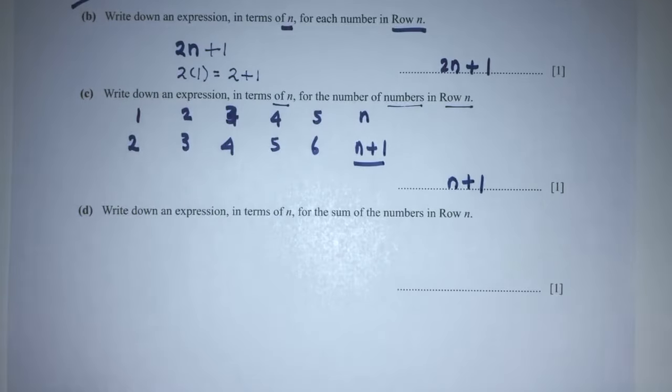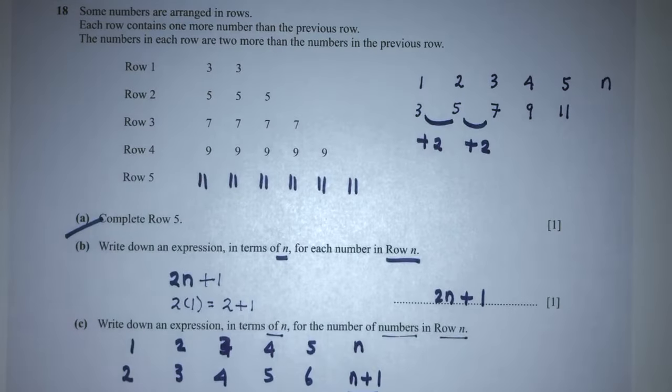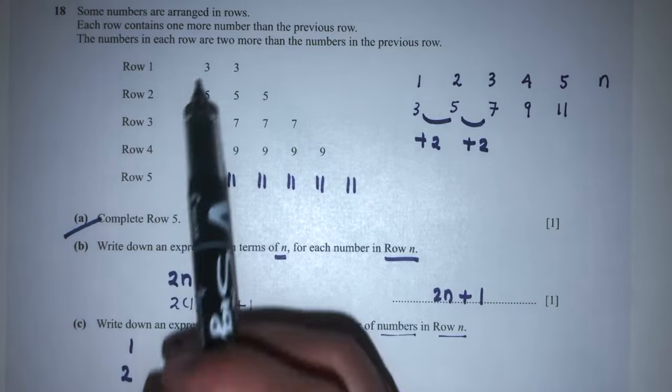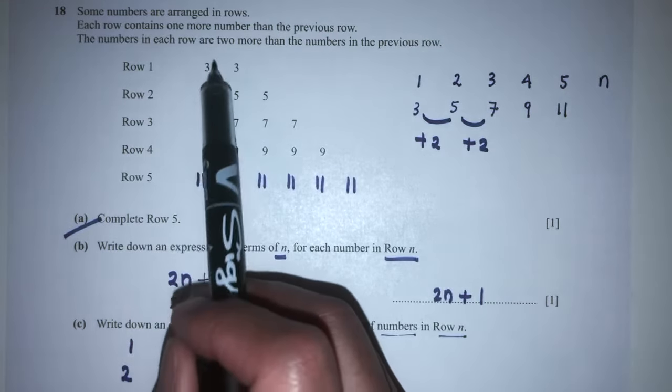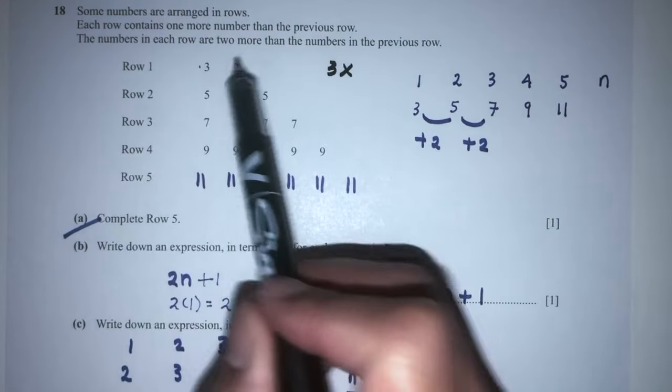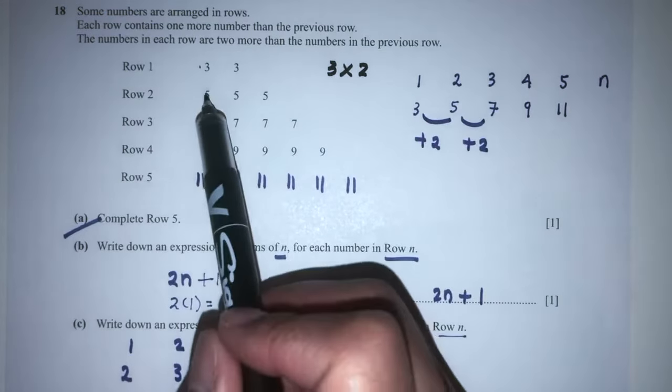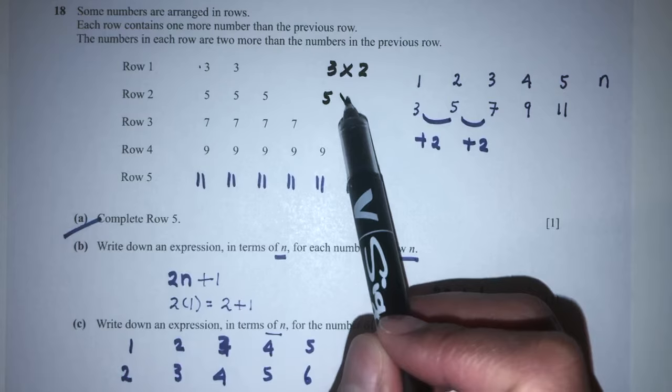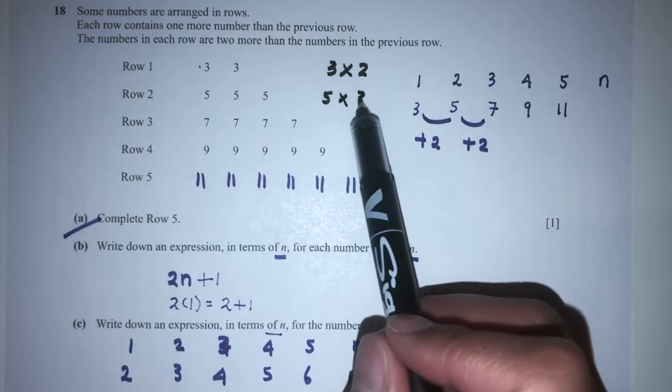Now for part D, write down an expression in terms of n for the sum of the numbers in row n. How do you find the sum of the numbers? You take the number, which is 3, times the number of numbers, 2. Take the value 5 times the number of numbers, which is 3.